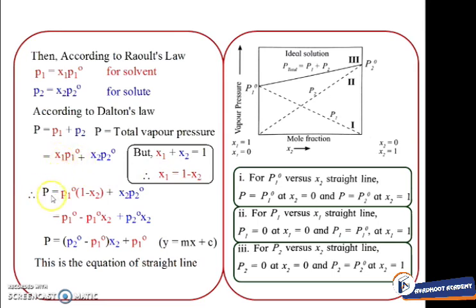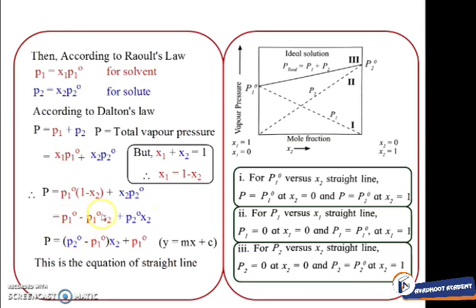So we get total pressure equal to P10 into 1 minus x2, this being the value of x1, plus the right side term, which is the same, that is x2 into P20. When we simplify this, it becomes P10 minus P10 x2 plus P20 x2.